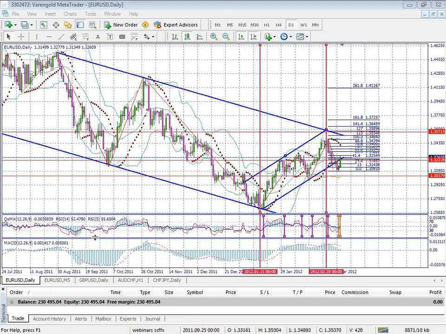Actually, if I can see here a signal in this area, yes, we are on daily. We have a signal from crossover RSI. We will also have a signal from MACD. It means that it will be a strong uptrend.